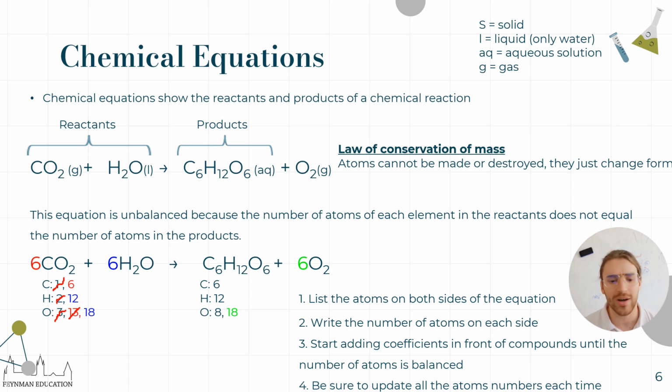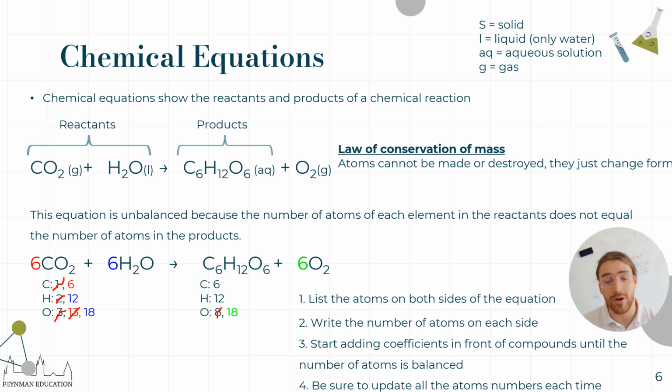So we don't want to put a coefficient by glucose because then it's going to change our carbon and our hydrogen. So luckily in this equation we can just play around with the O2. And we find that all we need to do is add a 6 by the O2 to get 12 plus 6 here, which would be 18. Okay, and that's how you balance an equation.